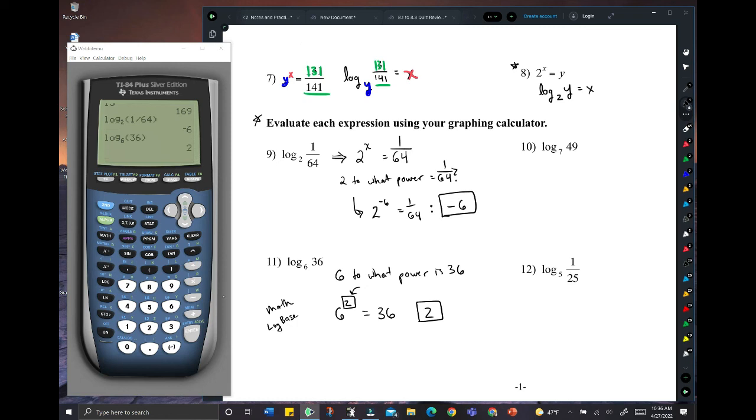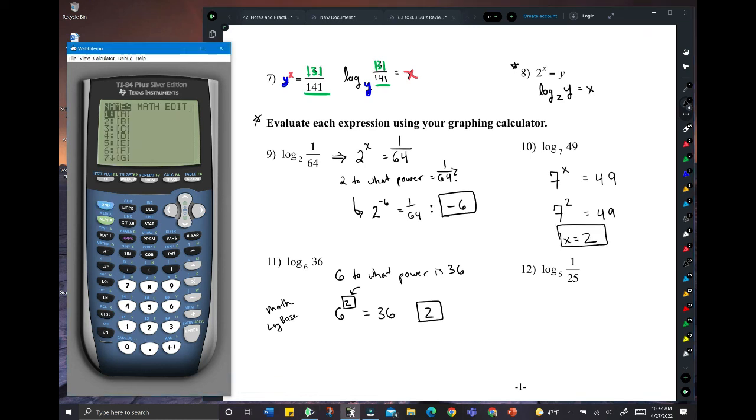Once more, number 11, log base 7 of 49. Again, you might be thinking 7 to the x equals 49. You might be able to think, okay, well, that's 7 squared. So 7 squared equals 49, which means x equals 2 for our answer.